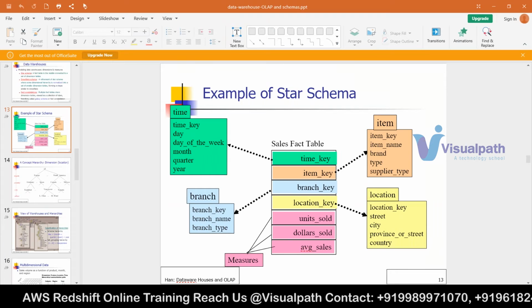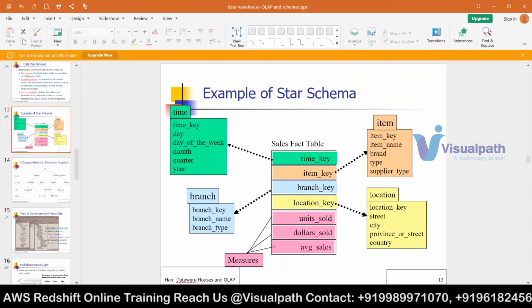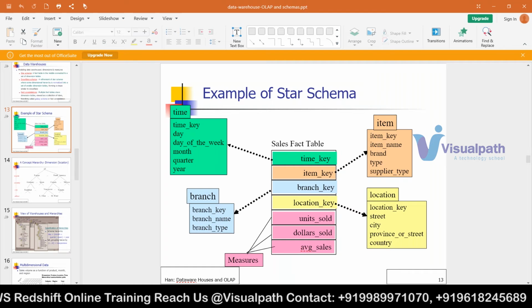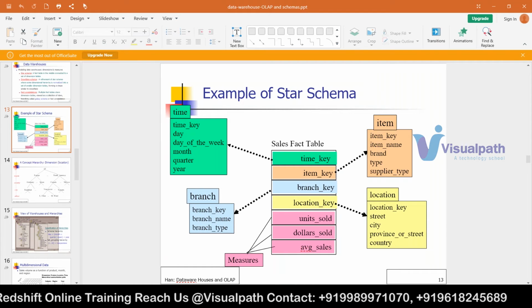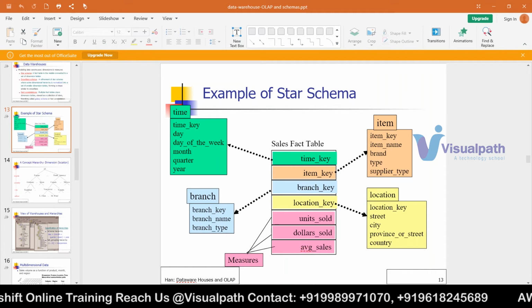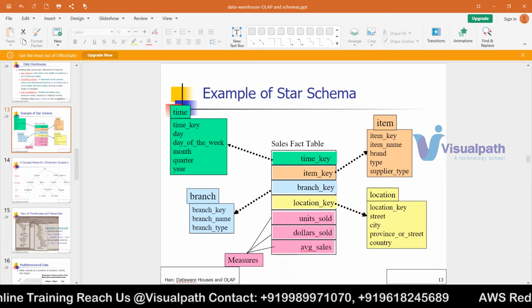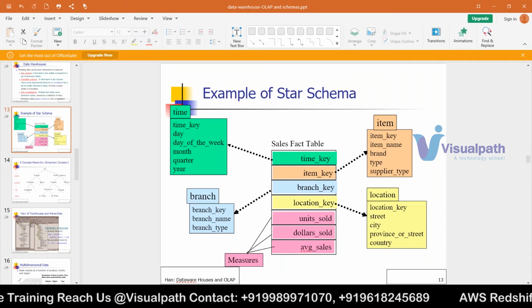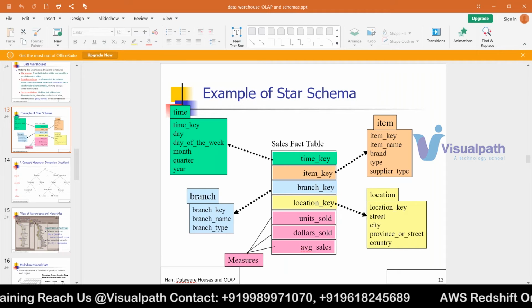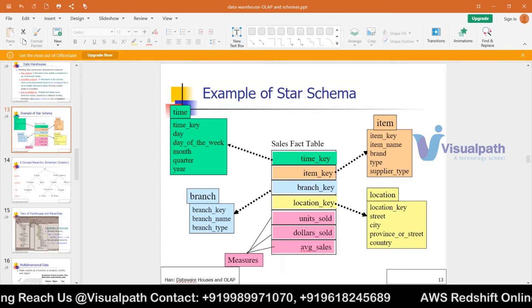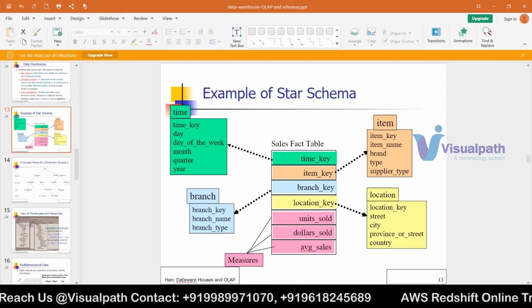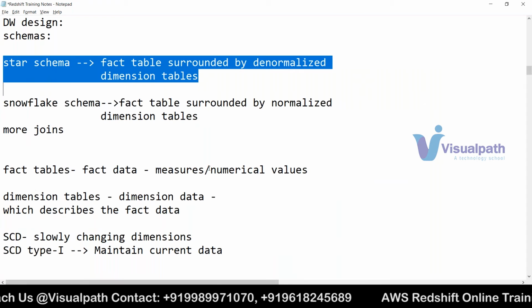So what is the difference between star schema and snowflake schema? Star schema means a fact table surrounded by denormalized dimension tables. If you say that, he will understand that you know it when you say denormalized specifically. And snowflake schema means a fact table surrounded by normalized dimension tables.